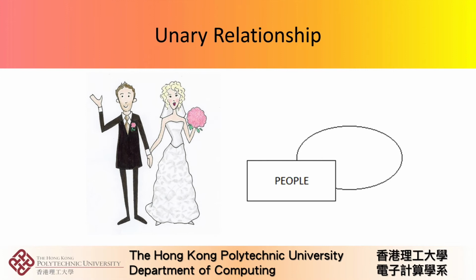In the case of marriage, people are the entity, shown in the rectangle, and people have a marital relationship in one-to-one. Therefore, the relationship should be labeled married or married to.